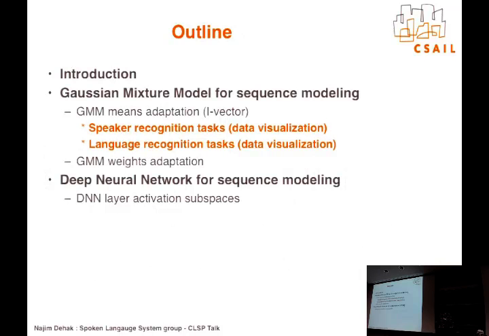So this is how we did the GMM weights. I'm not going to give you any results, as there are a lot of references and papers you can refer to, but here I will tell you how I use this subspace technique for GMM weights to model the DNN's activations, which is my latest work.